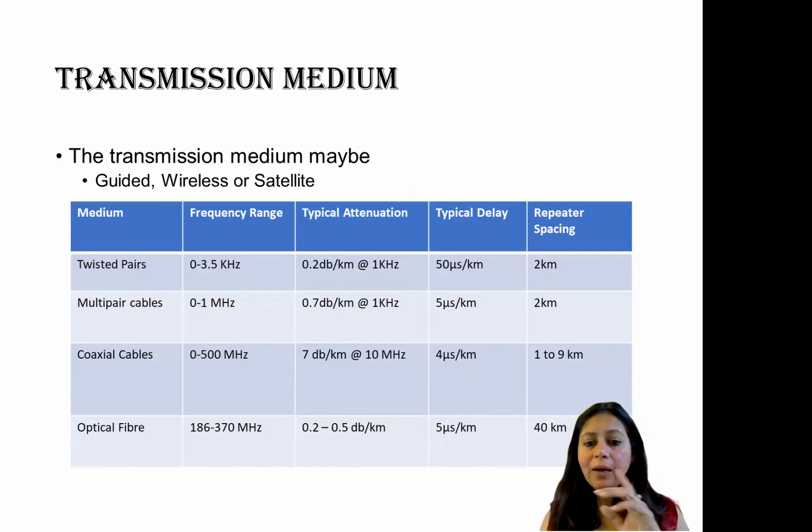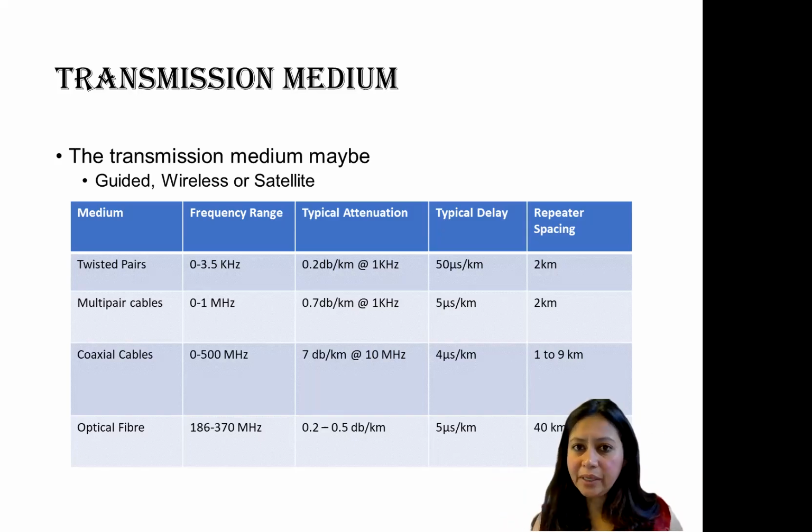Get it, guys? What does it mean to have a wave which is 186 to 370 megahertz? That means it's making 186 times 10 to the power 6 complete cycles in 1 second. So think of the speed at which it moves, as opposed to the twisted pair.